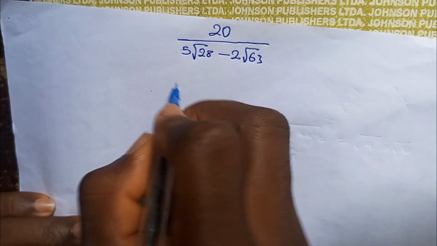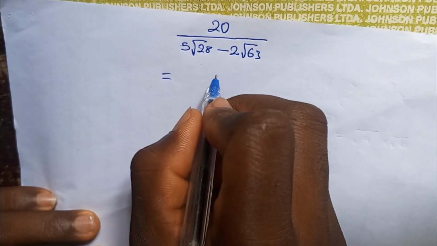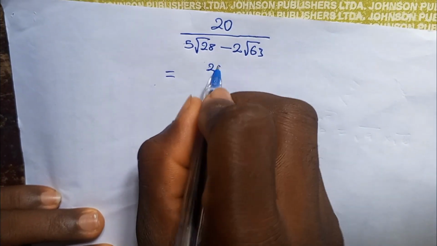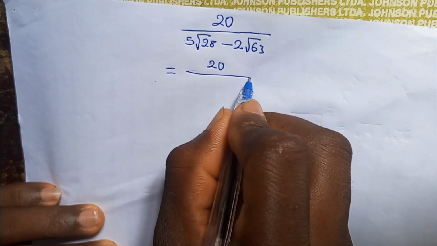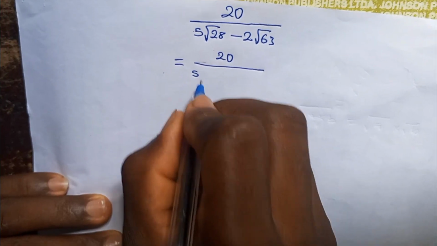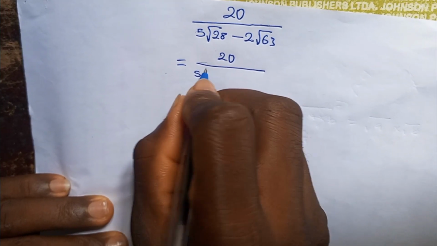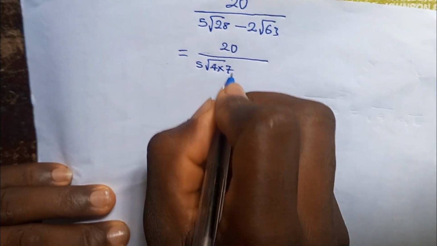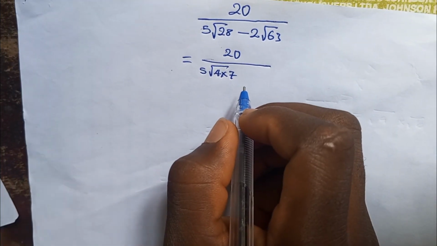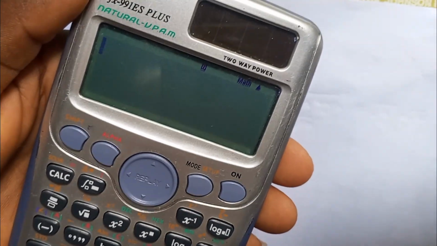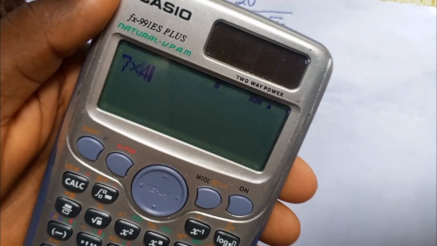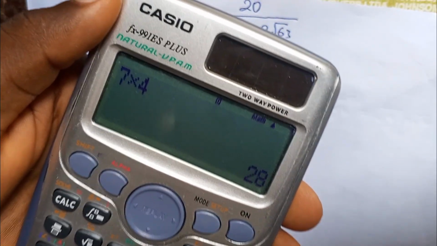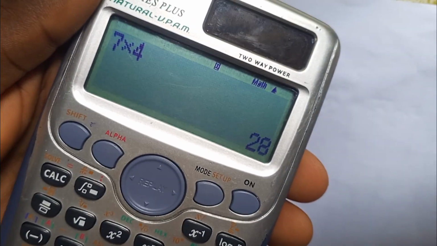So this is equals to 20 all over 5 root 4 times 7. If you punch your calculator, 7 times 4 will give you 28.